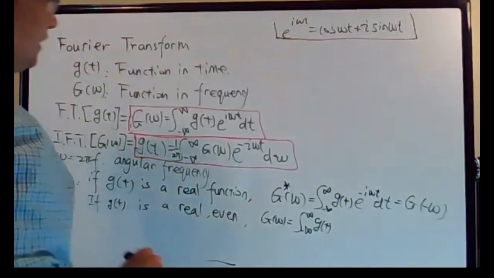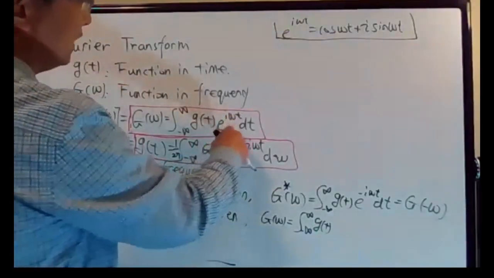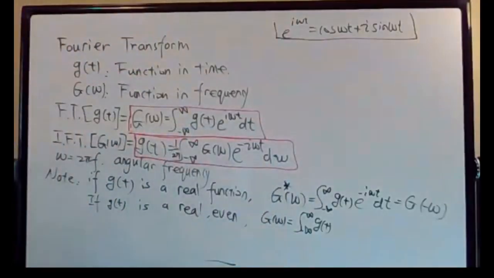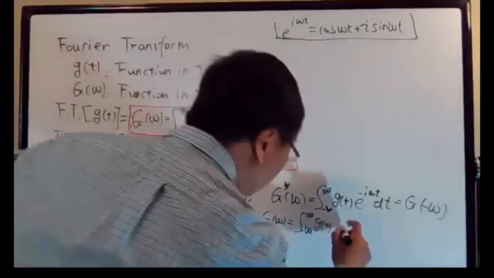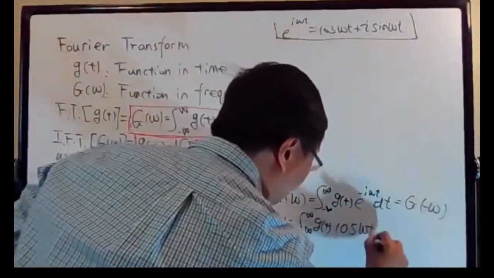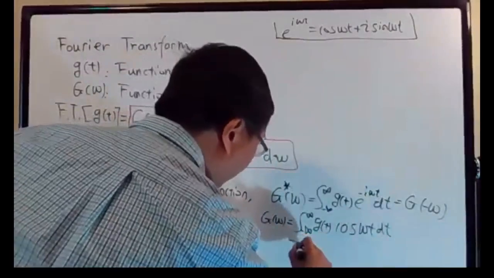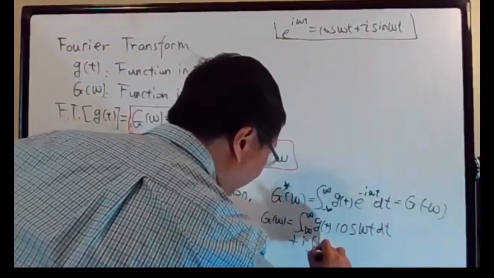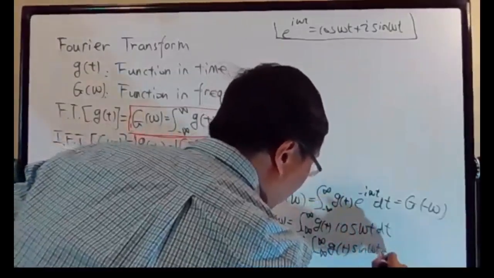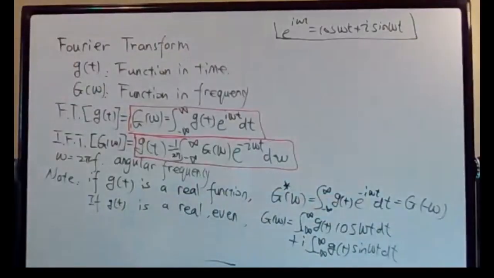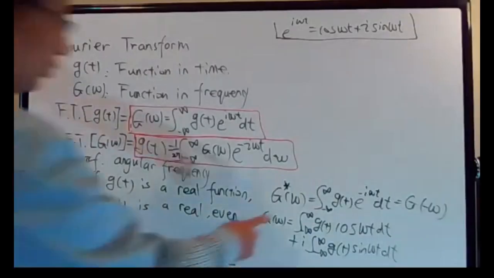So we will separate the integral into two integrals: one is the integral of g(t) cosine omega t dt, another one is plus i times the integral from negative infinity to infinity of g(t) sine omega t dt. Okay, so we add those two together, right? So we have two pieces.